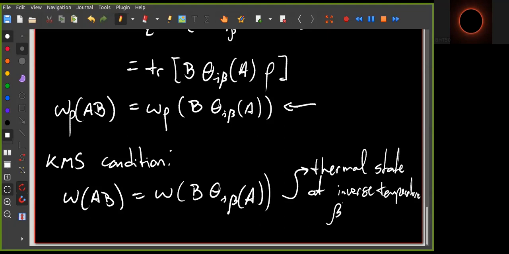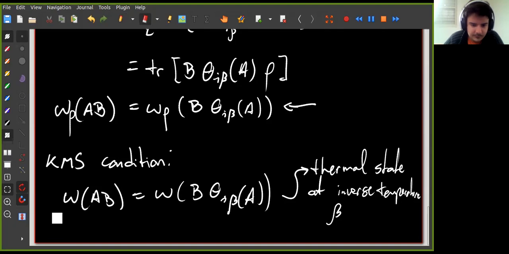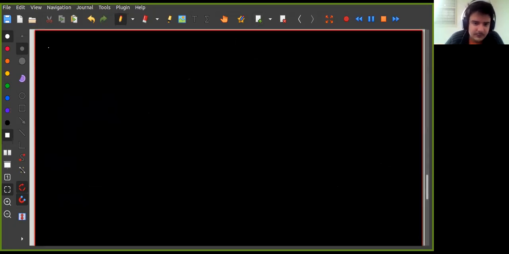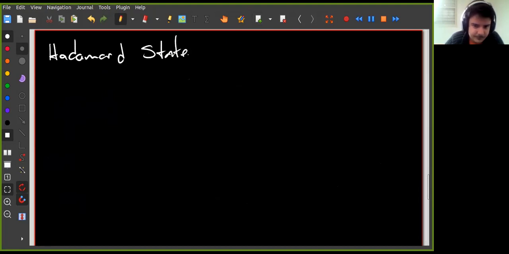All right. So this now works for any algebraic state. If the algebraic state solves this expression, then it is a thermal state at inverse temperature beta by definition. There is still a third class of states we should discuss, which are called the Hadamard states.